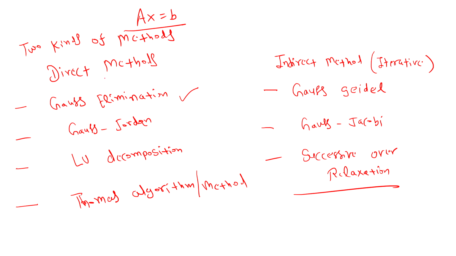Let me give you one more thing, that is, in these direct methods we will basically directly try to find the inverse of matrix A. Essentially, if we have the inverse of matrix A, then we can solve this. X is nothing but A inverse B. So essentially we are trying to find the inverse of matrix A, and then we'll multiply it with v.